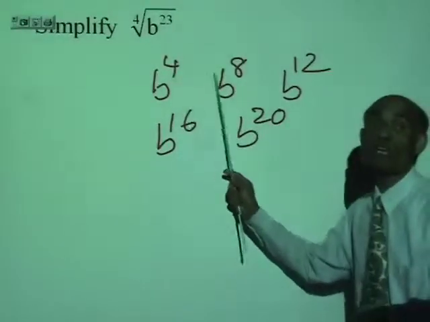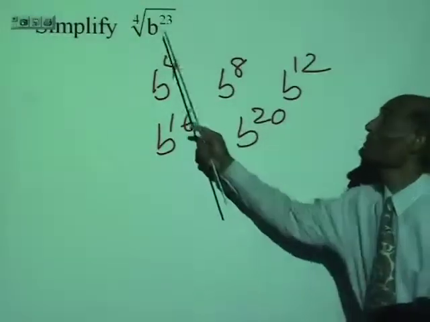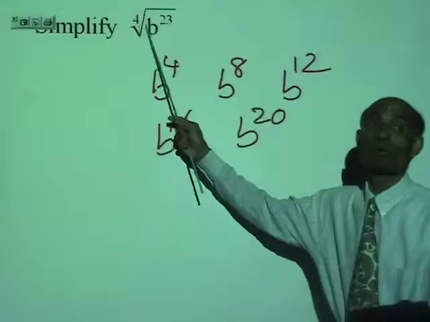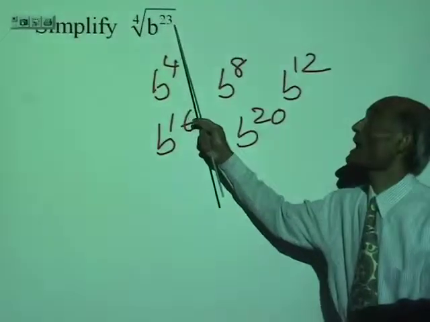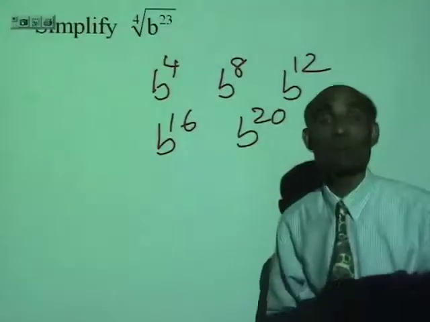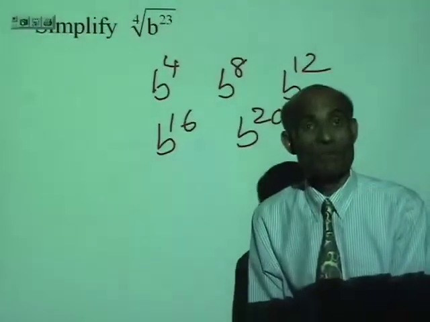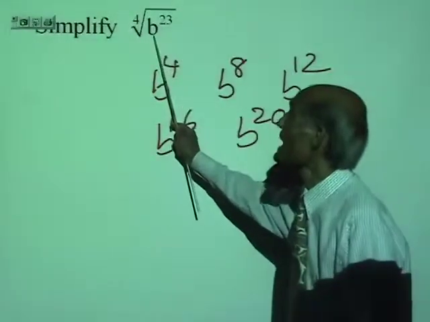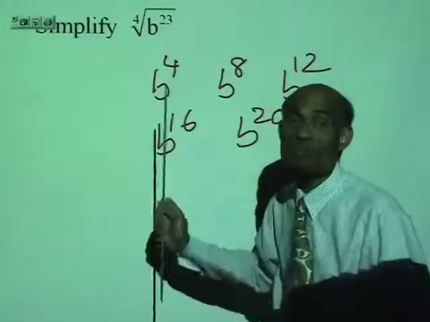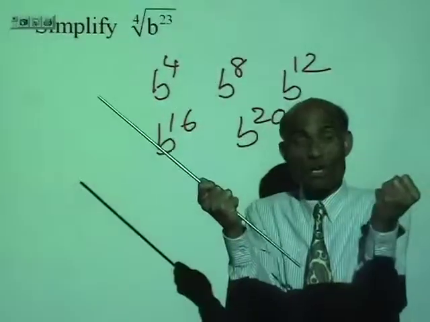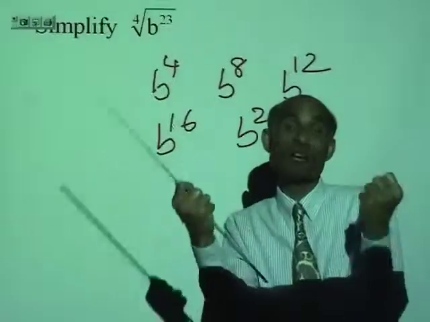Because all these powers can be divided by 4. Is b to the power of 23 a perfect 4th power? No. So, we need to write this b to the power of 23 as the product of 2 exponents.